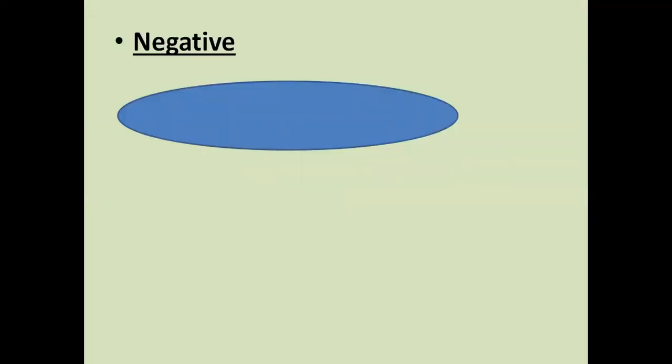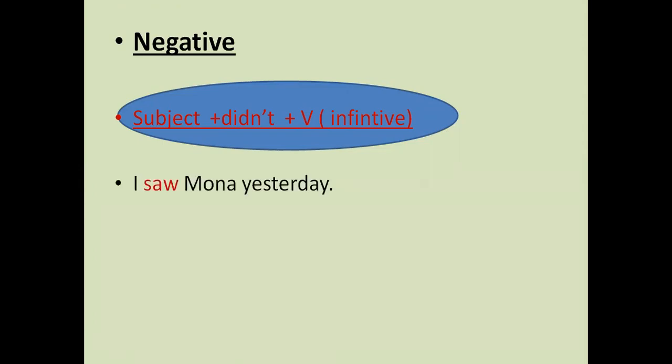Now we are talking about the negative form of past simple tense. What is the negative form of past simple tense? We start with the subject plus didn't plus the verb in infinitive. Look at this example. I saw Mona yesterday. How do we change this sentence into negative?